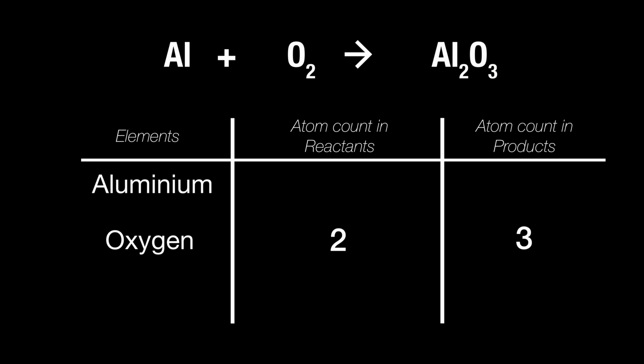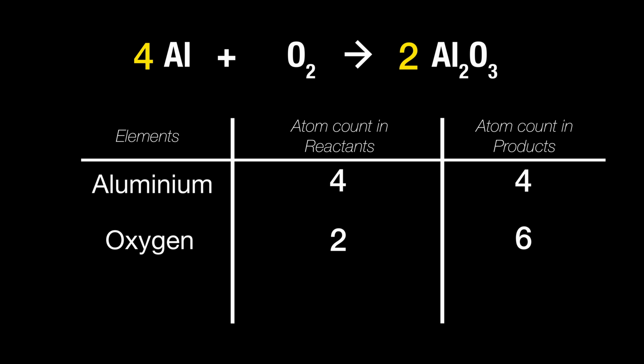Now, the only way forward is to get both sides to be even numbers. So I'm going to start by doubling the quantity of aluminium oxide in our product. Now we have 4 aluminiums on the right, so we'll just ask for 4 lots in our reactants too.